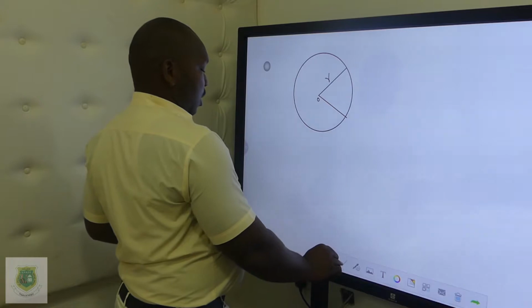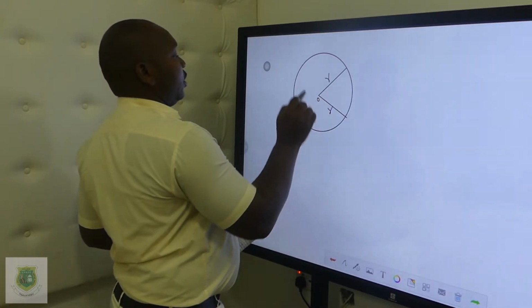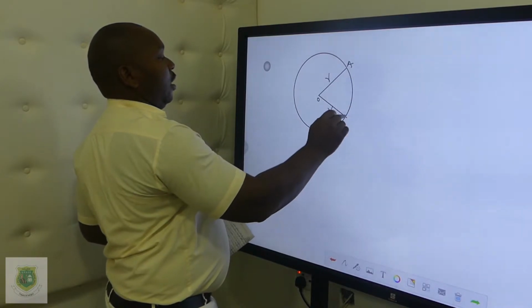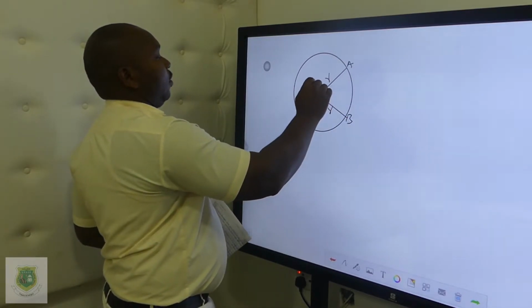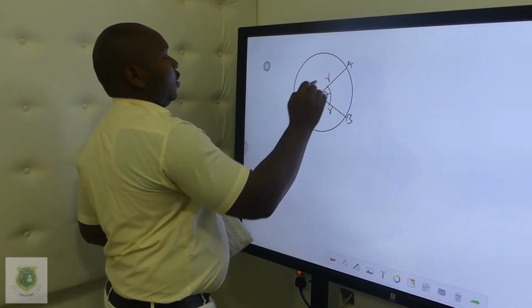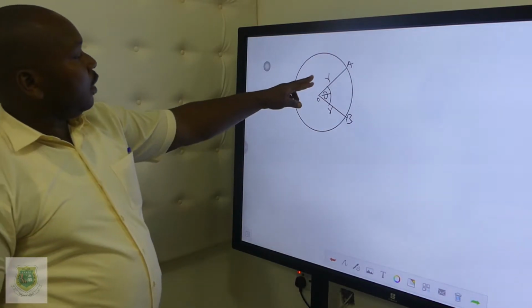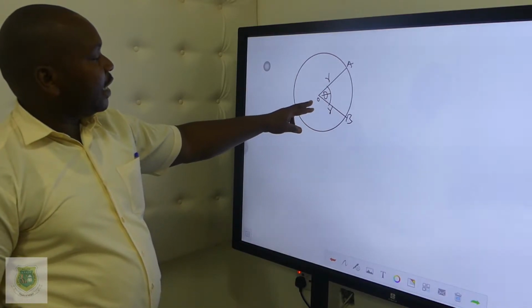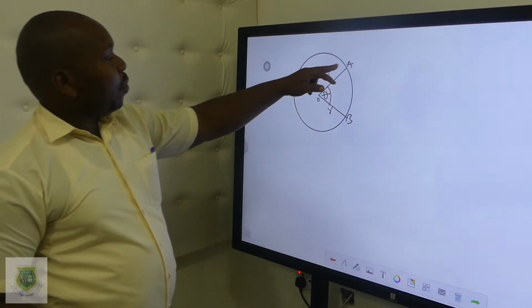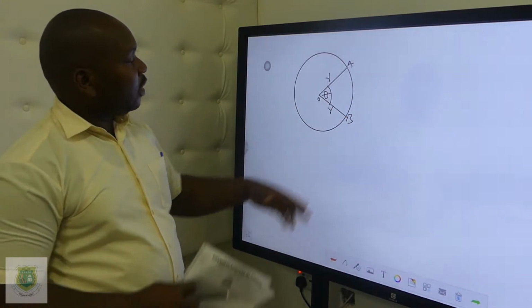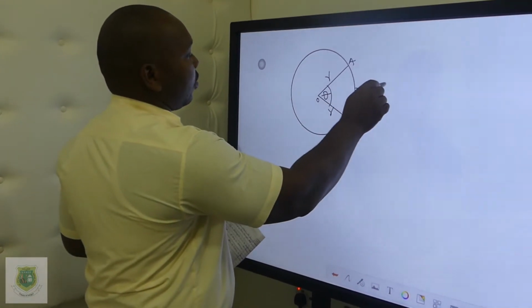So this is the radius, as you can see, AB. Let's call this place an angle of theta. So this is radius, this is radius, this is the center. Any part from here to here is called the arc of the circle.